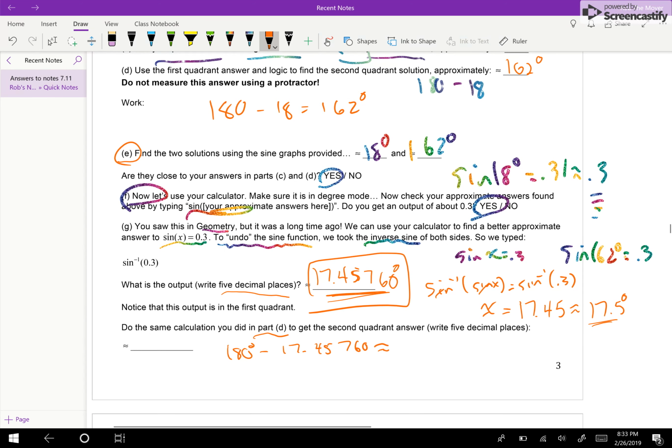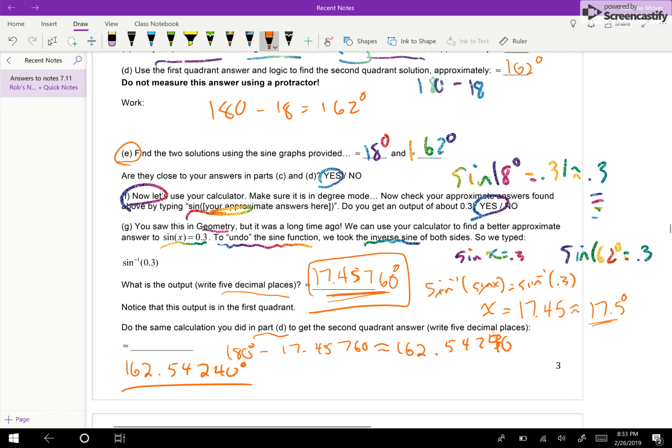We get 180 minus the answer, 162.5423, or 162.54240 degrees if we round to 5 decimal places. Those are the two angles that give us a sine of 0.3.